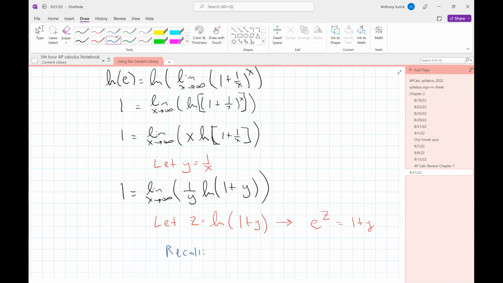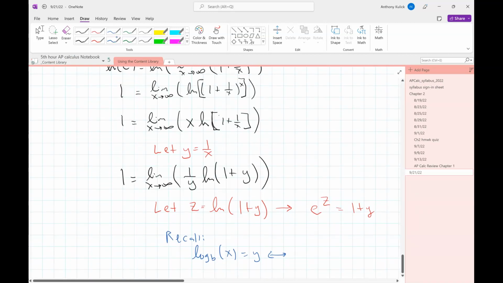So why would you substitute y for 1 over x instead of just leaving it and then doing z equals the log of 1 plus whatever? I don't know, maybe because Mr. Kulik was having a bad day when he did this. I was basically sorting my way through this, thinking, how does this have to come out to be 1?